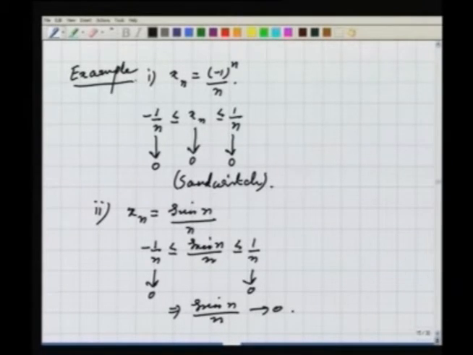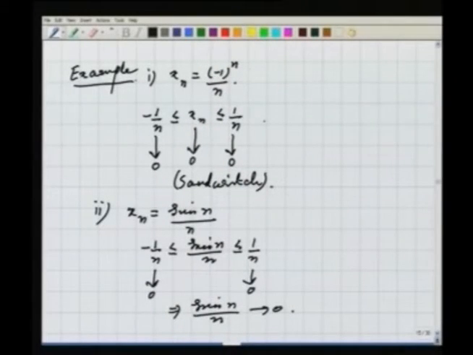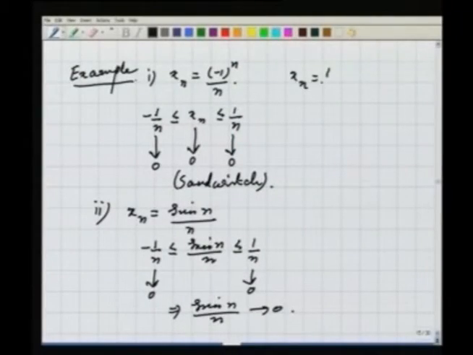I see a certain amount of similarity in example 1 and example 2. On both sides I got two sequences which converge to 0, and in between the sequence also converges to 0. Notice that the first sequence was manufactured in the following way: you take the sequence xn double prime equals 1 by n, take another sequence xn prime equals minus 1 to the power n, and then xn was defined as xn double prime times xn prime.